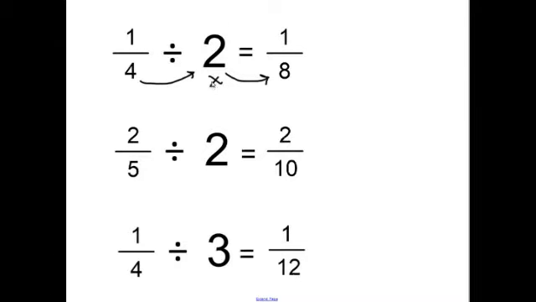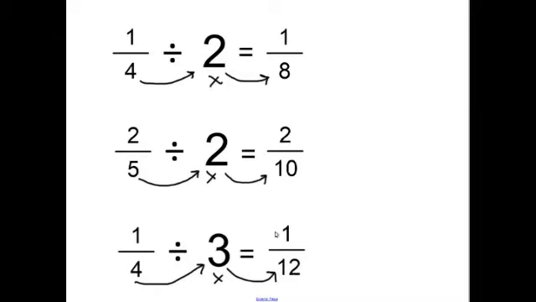So 4 multiplied by 2 gives us 8. Let's see if that works for the other calculation. We've got our original denominator of 5 multiplied by 2 gives us 10. And 4 multiplied by 3 should give us 12, which it does.